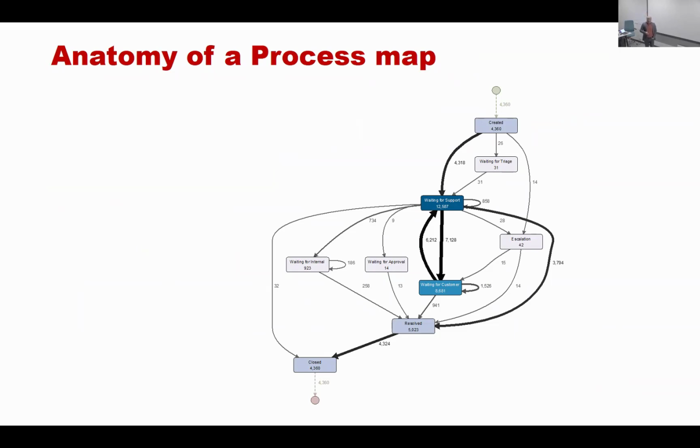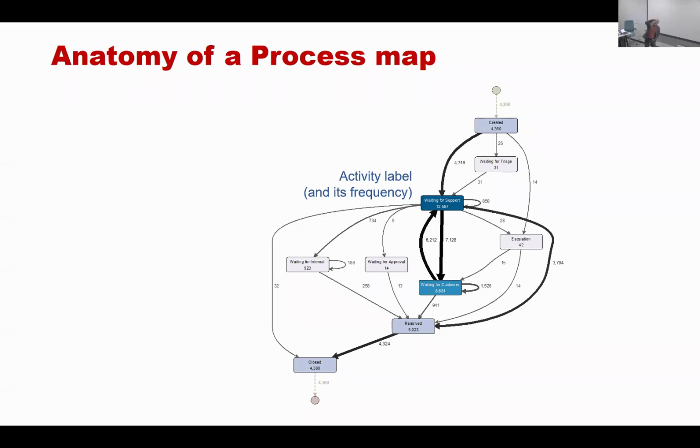A process map is a graph, and in a graph, there are boxes called nodes. Every box in a process map by default denotes an activity.